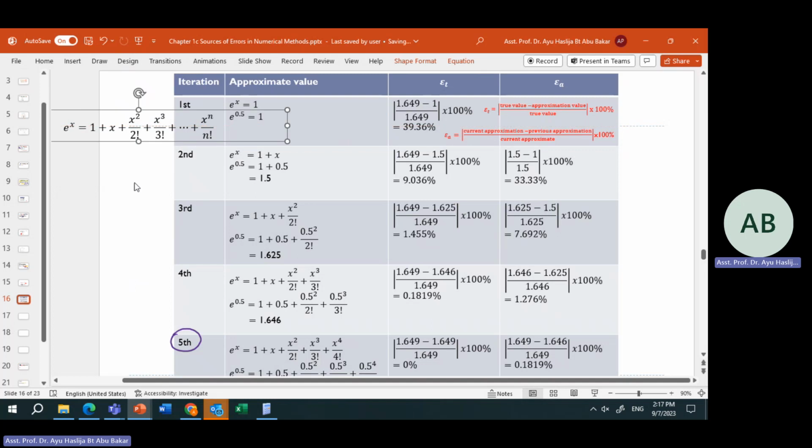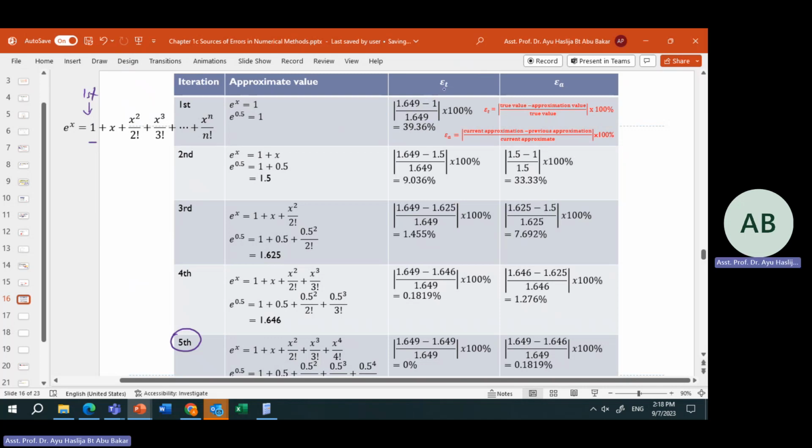Now, this is the equation. The first iteration uses only the first term, up to here. e power x equals 1, so e power 0.5 equals 1. We stop up to here.